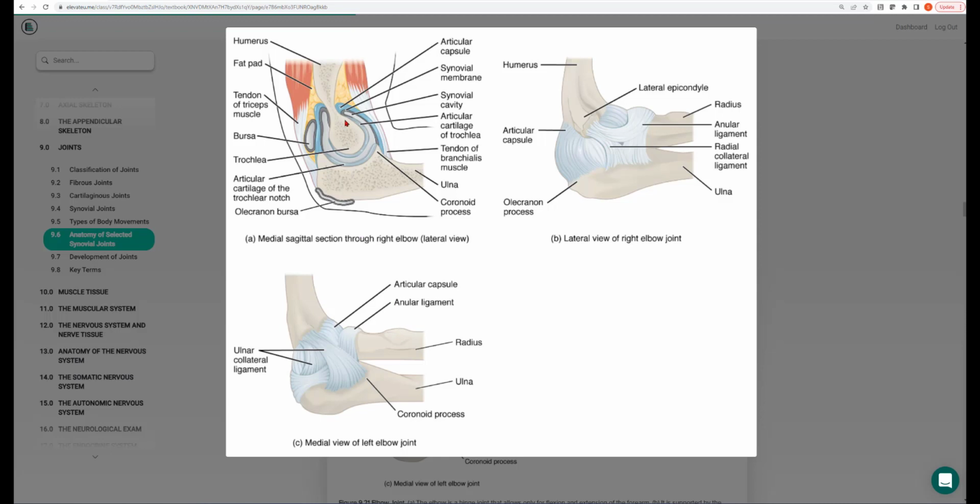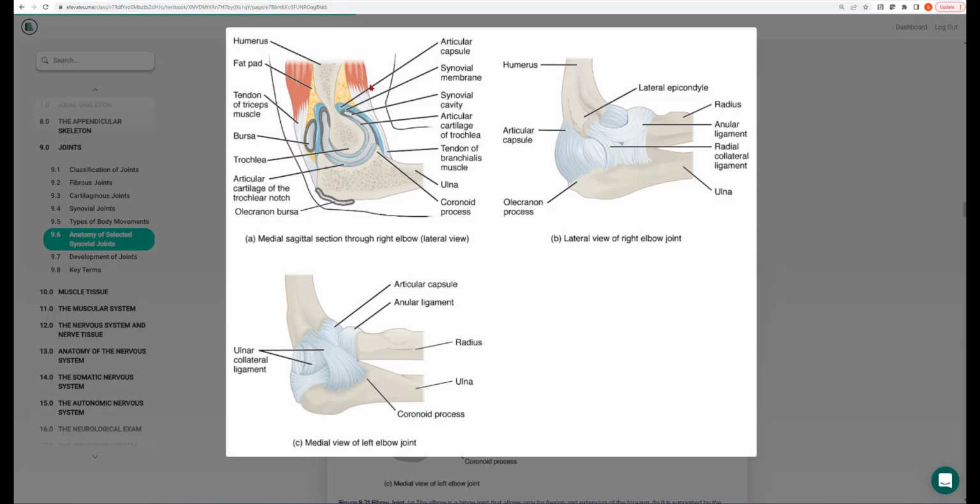As we take a look, here is the elbow from a lateral, sort of a sagittal view from the side, okay? And we can see here is the brachialis muscle coming down. There is a typo here, but the brachialis muscle coming down.